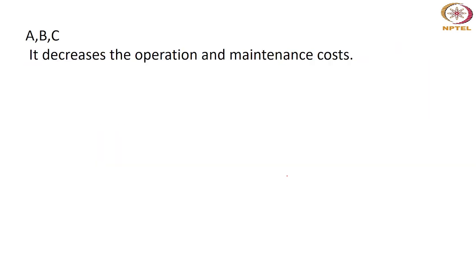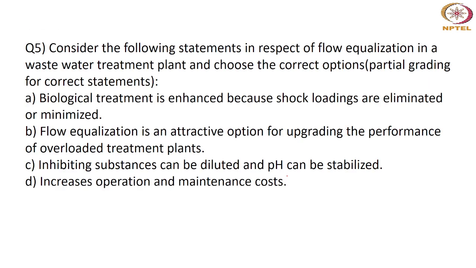Finally, A, B, and C are all correct answers. For biological treatment, if we are not using this equalization tank, as I told you earlier, there will be some shock loading. So we should minimize or eliminate the shock loading on these microorganisms. So this is the correct answer.